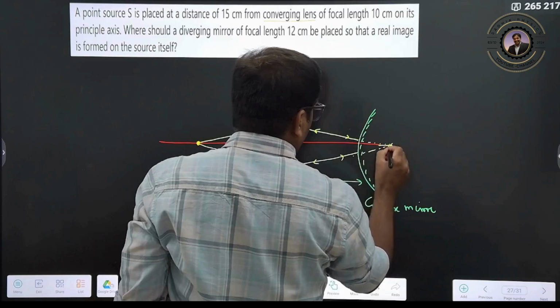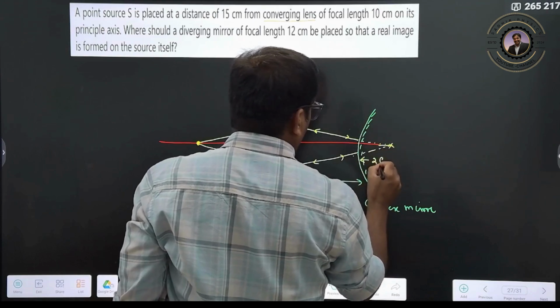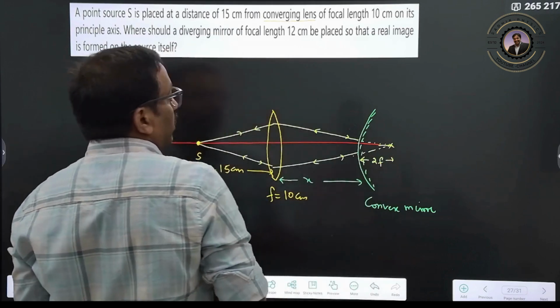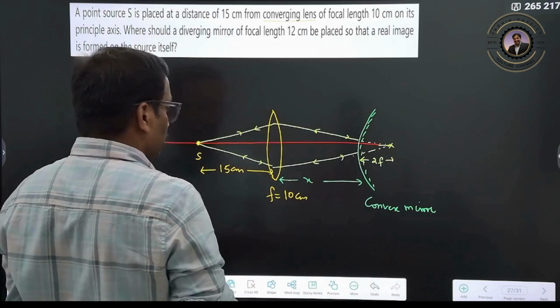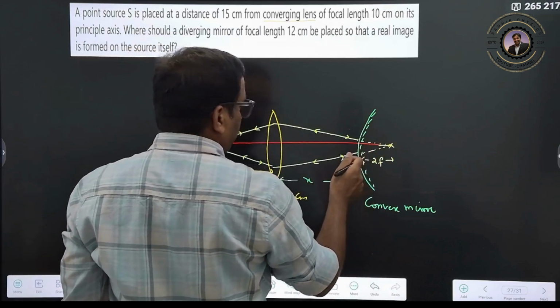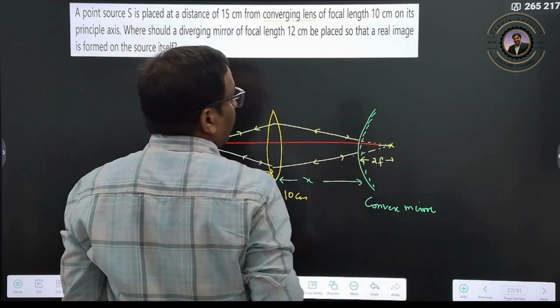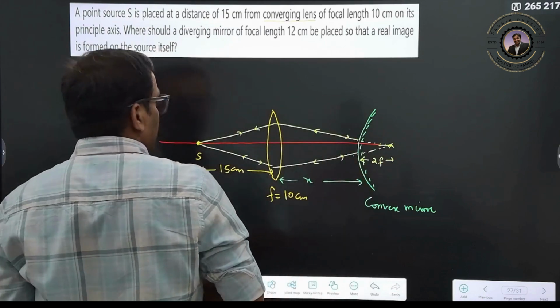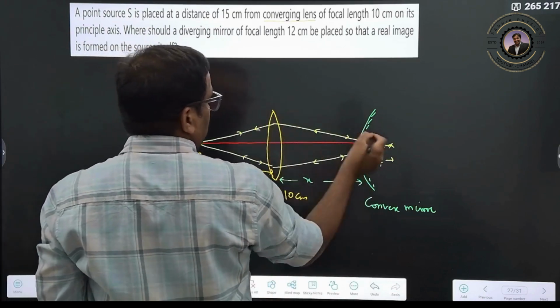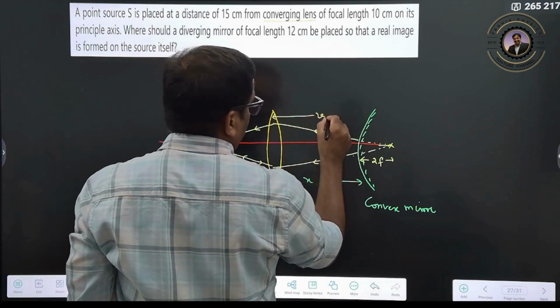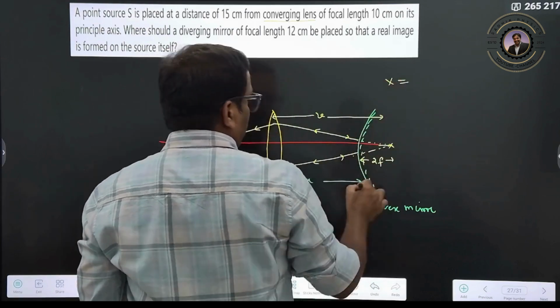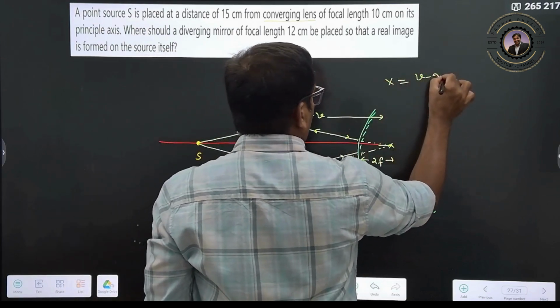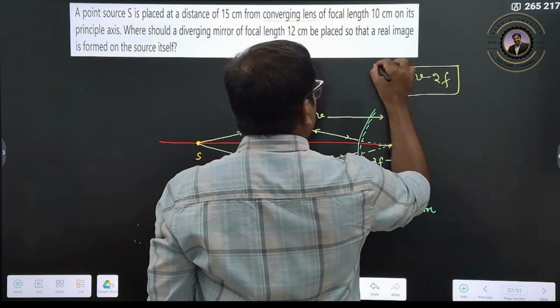So this should compulsorily be 2f. This is your 2f. Therefore, this light ray should come and fall onto this one. So this 2f means we want to calculate the image distance. Therefore, our x distance will be v minus 2f.